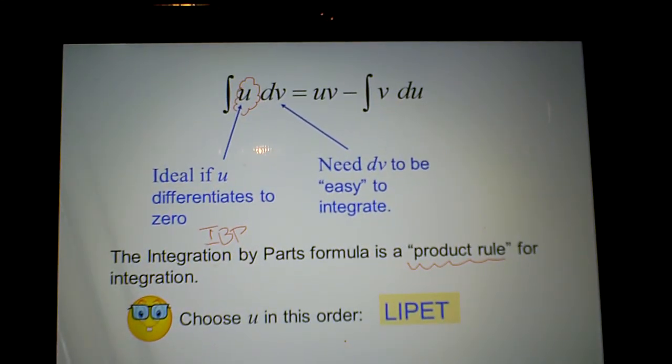Anyway, so choosing u in this order. LIPET, where L stands for a logarithmic function, I for inverse trig, P for polynomials, E for exponents, and T for regular trig.